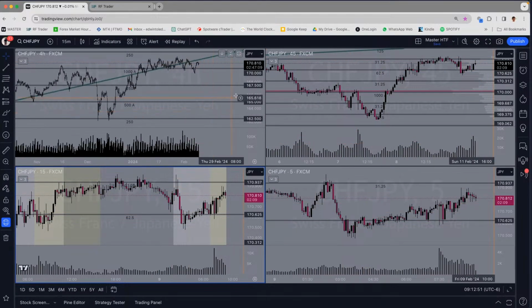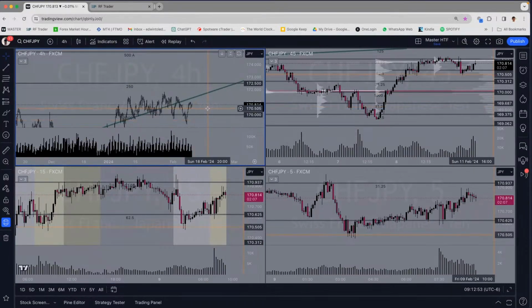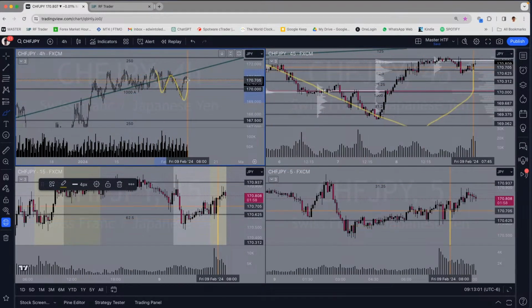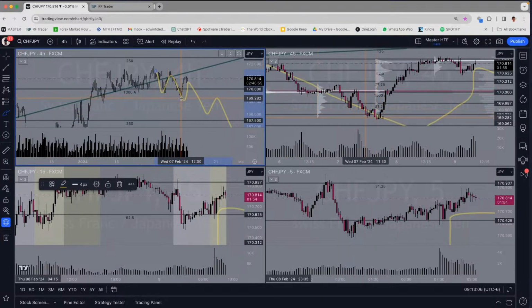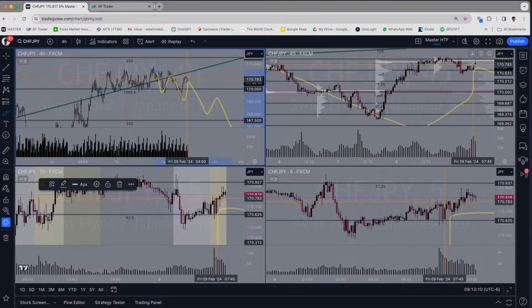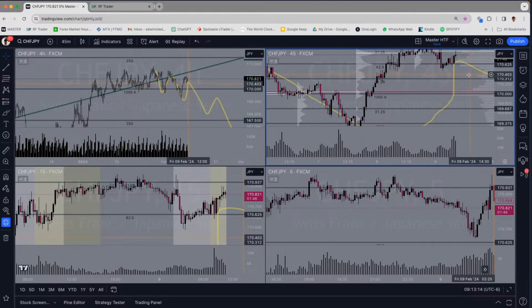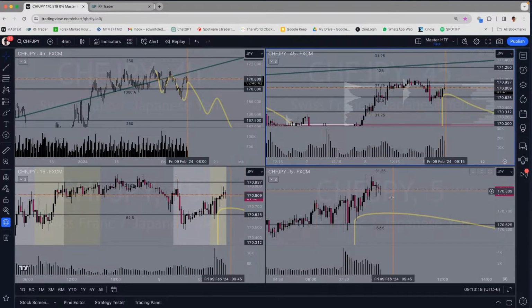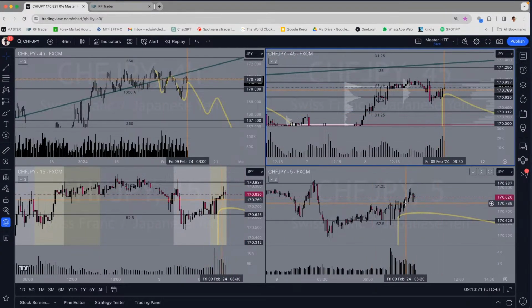CHF JPY also looking promising. Look at this lower low, right? And then see, it just makes sense, right? It's a lower low, and then it's coming up, and then it's at the time this could happen. I think I want to sell CHF JPY. I think that will make sense.